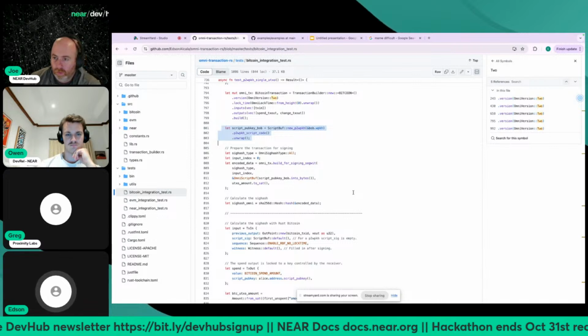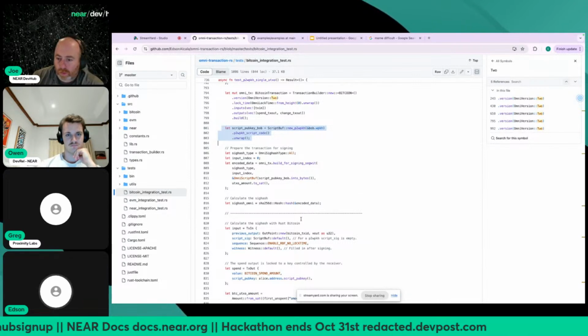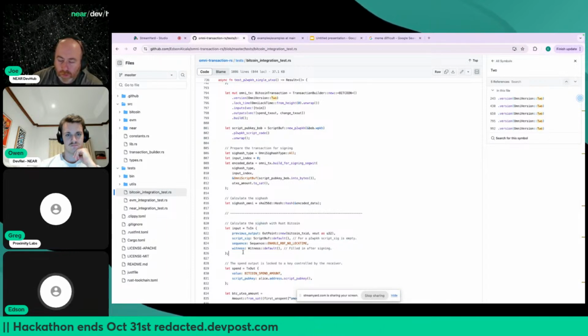Okay, so before going deeper, in the BTC world, there is something called SIG hash. By the way, this is very, very low level.